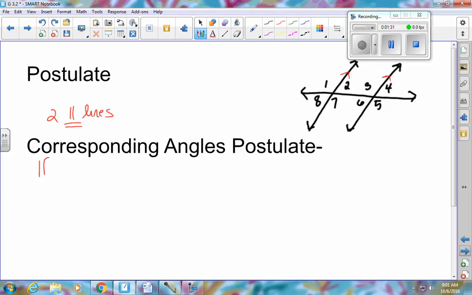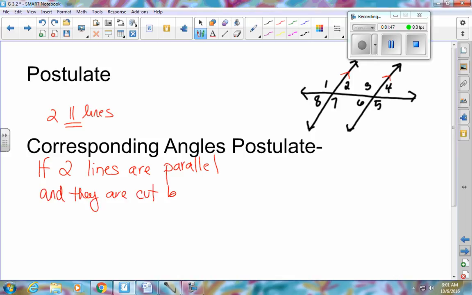We have, if two lines are parallel, and they are cut by a transversal, then the angles are congruent. So remember, this is our congruent symbol.